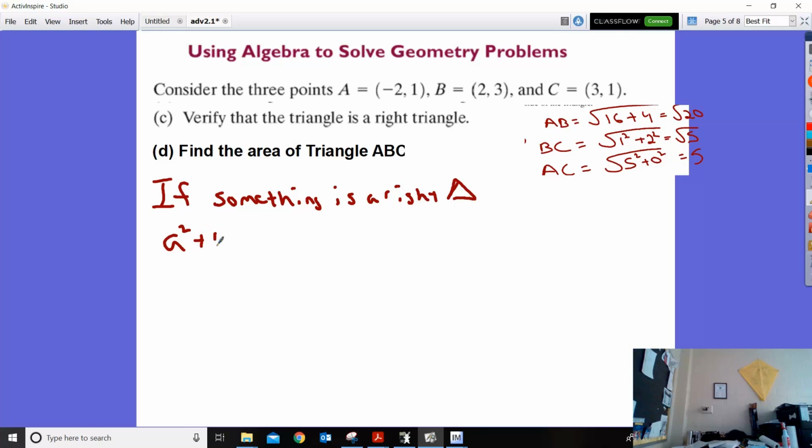A squared plus b squared equals c squared must be true. Which one of those 3 lengths has the potential of being the hypotenuse? Which one's C is what I'm asking. C is definitely the hypotenuse.